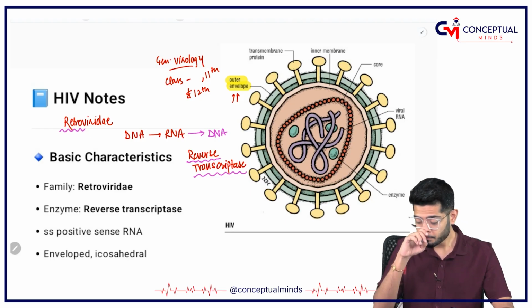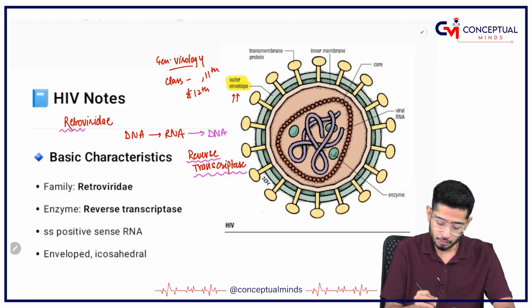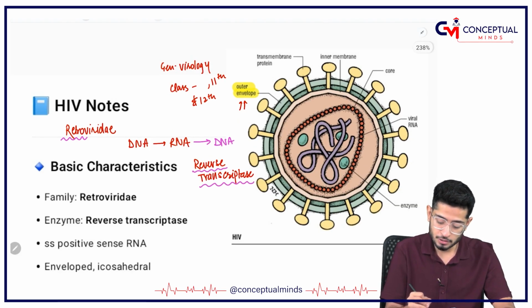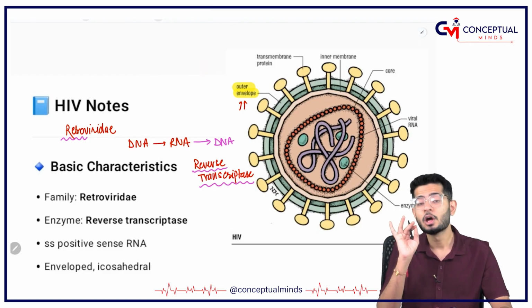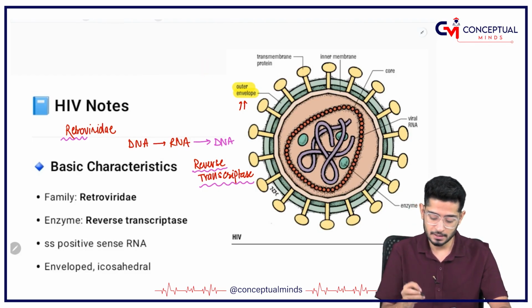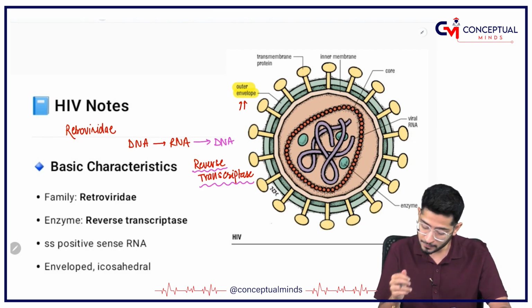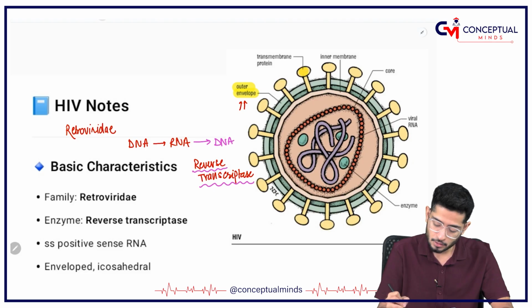Retroviridae, as I have already told you in your general virology classes, belongs to the category where the organisms are enveloped. See, this is the outer envelope, and after that you have these yellow colored ones, the transmembrane proteins. The red colored one is the core.